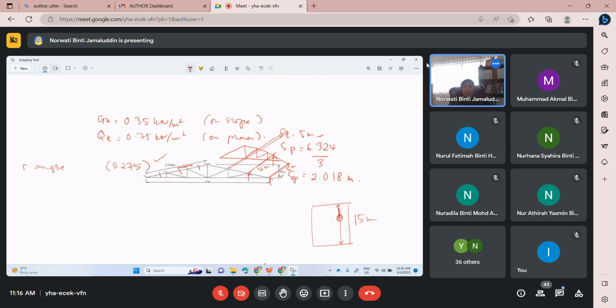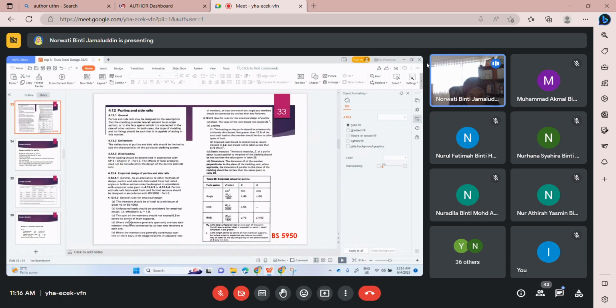What else? Then what is the other requirement? So we fulfill these two. Ours is 5 meters. This one, maximum 6.5, where the member generally spans only one bay, each member should be connected. This one you can decide later.